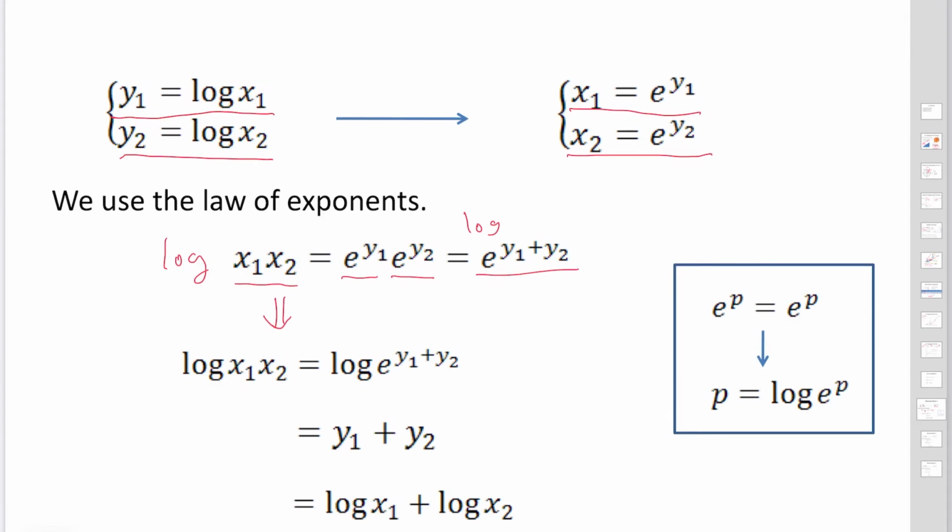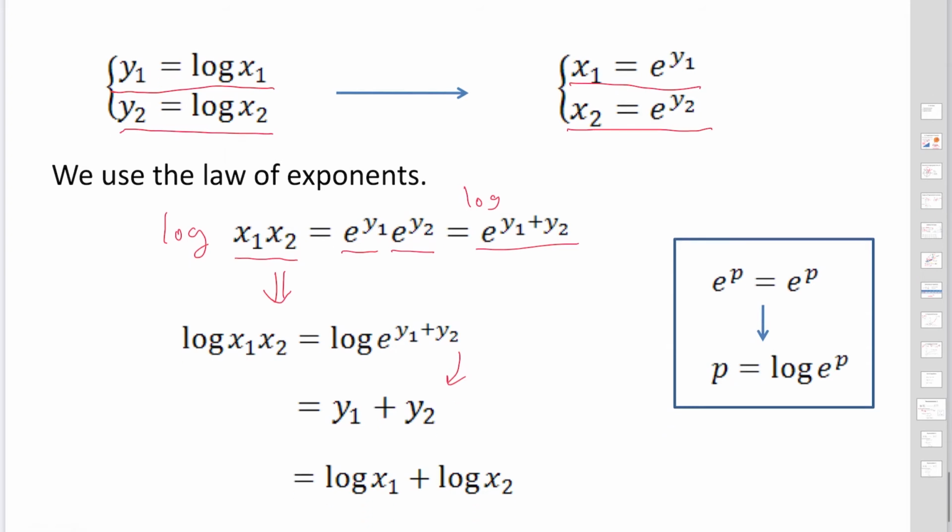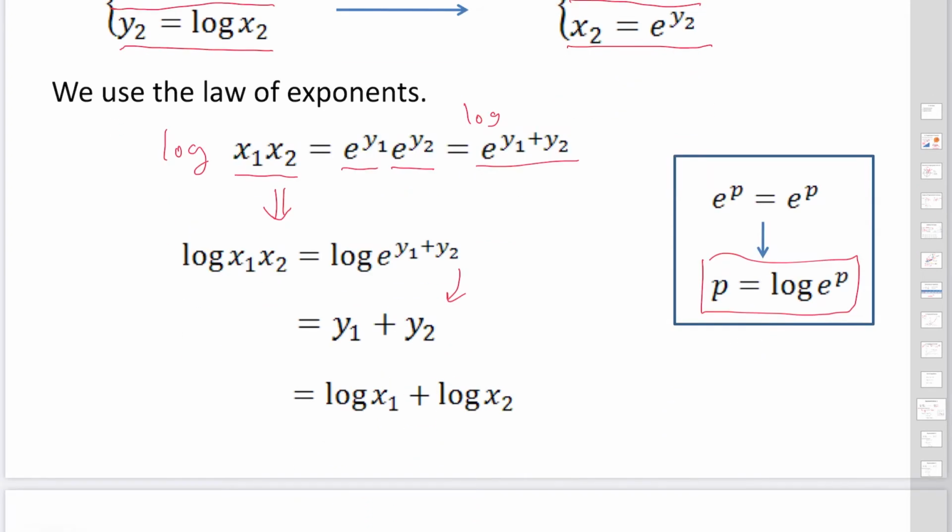Then from here to here, we are going to use this relation. To prove it, we start with exponential p equal to exponential p, and we express p as log exponential p. So in the case of the logarithmic function, log e to the p is equal to p. We use this relation here.